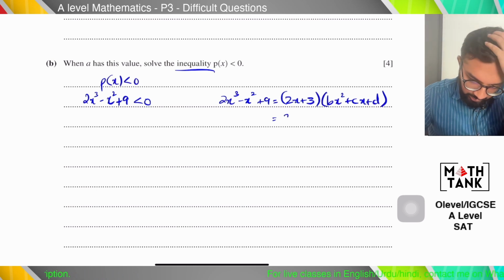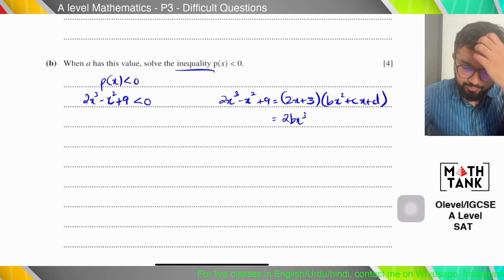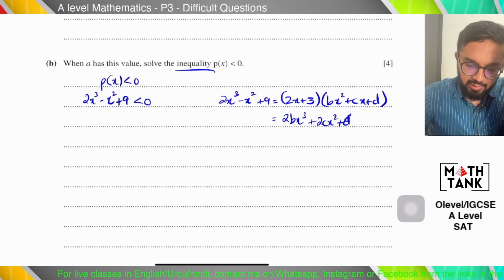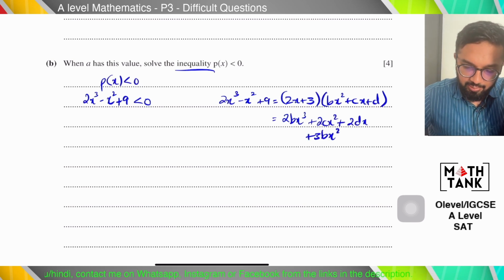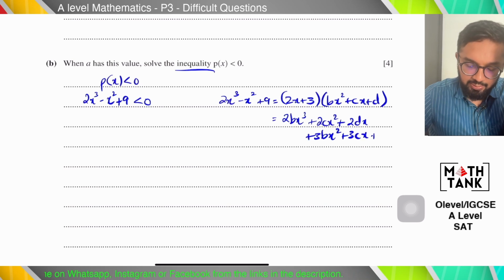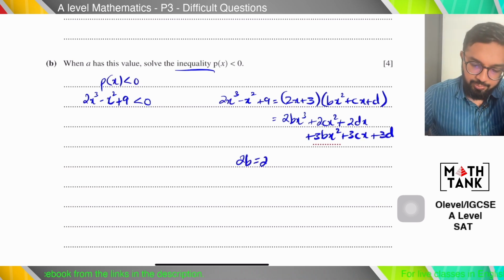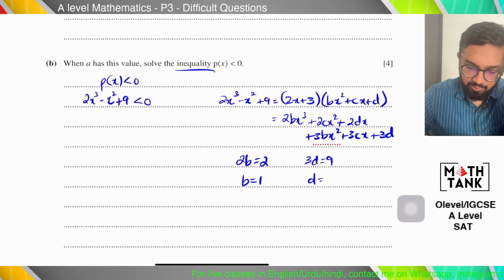I get 2bx cubed plus 2cx squared plus 2dx plus 3bx squared plus 3cx plus 3d. Okay, so 2b should equal 2, so b should equal 1, and 3d should equal 9, so d should equal 3, and 2c plus 3b should equal minus 1.